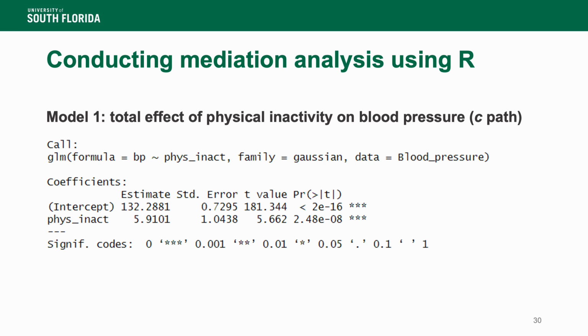We can also see here in the output, in the very last column, that the p-value is well below 0.05. So in other words, physical inactivity and blood pressure are statistically significantly associated with one another.